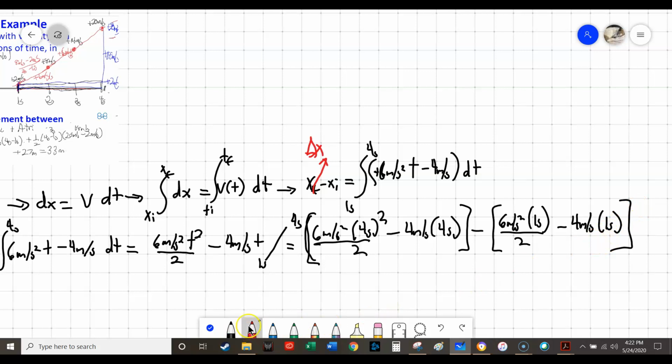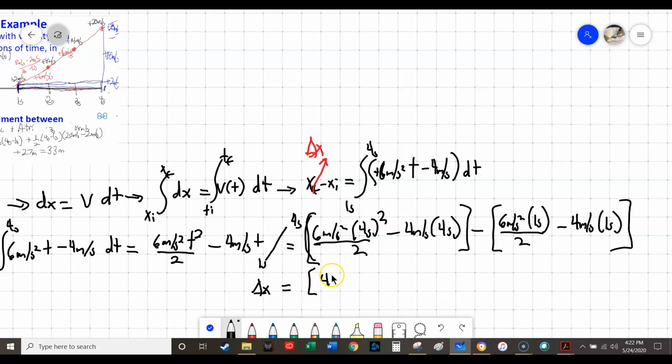All right, well, let's think about this for a second. So this is our delta x. 6 meters per second times 4 seconds, so 4 seconds squared, 16 divided by 2 is going to be 8, times 6. So what is that going to be? That's going to be 48.